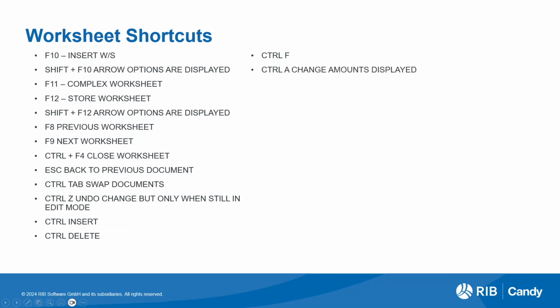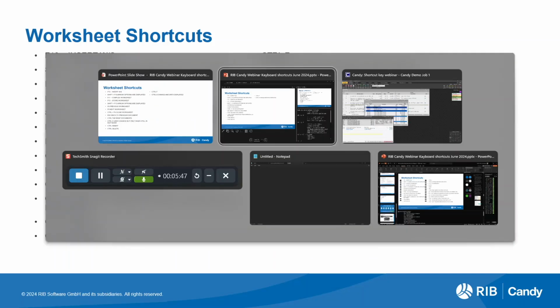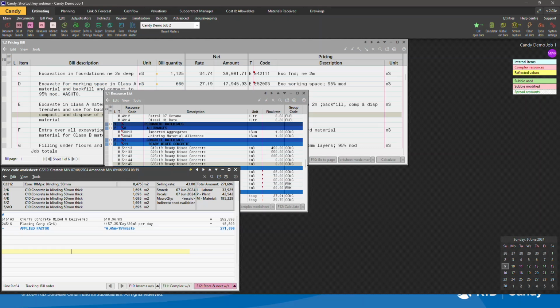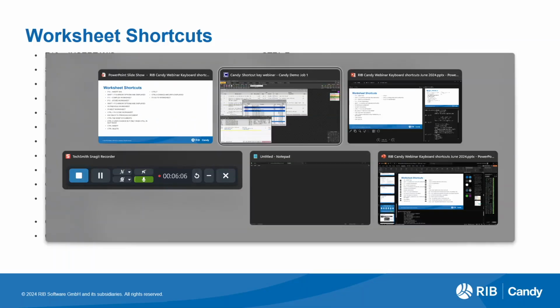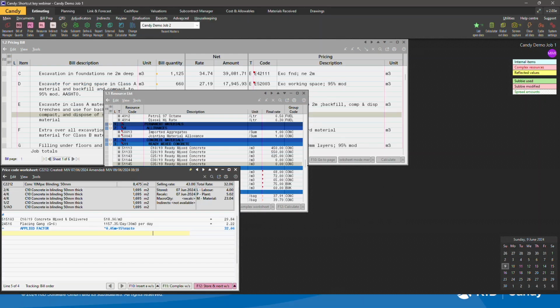And then Control A will change the amounts displayed between rates and amounts. You can see currently on my worksheets, my amounts are being displayed. So if I press Control A, it will change it to rates being displayed, A again, amounts, and so on and so forth. F5 will open up a dialog where you can go to worksheets.